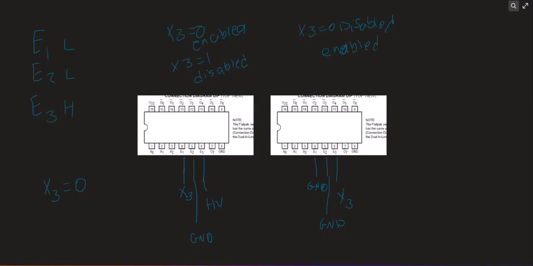That allows you to use this as if it had 16 outputs. 0, 1, 2, 3, 4, 5, 6, 7, 8, 9, 10, 11, 12, 13, 14, 15.